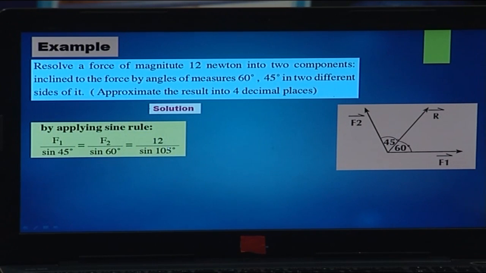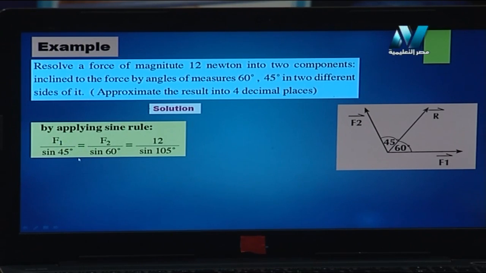Yes, we will apply this rule. F1 over sine theta 2, which is 45, equals F2 over sine 60 equals R, which is 12, over sine of the sum. The sum of 45 and 60 is 105. And we apply cross multiplication.